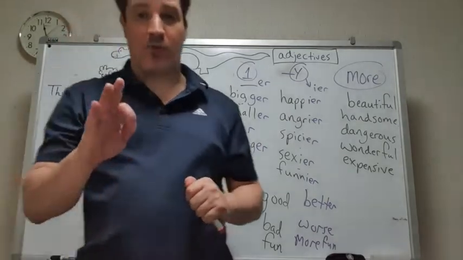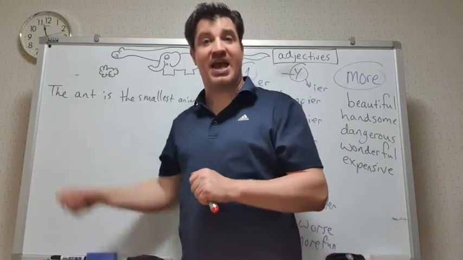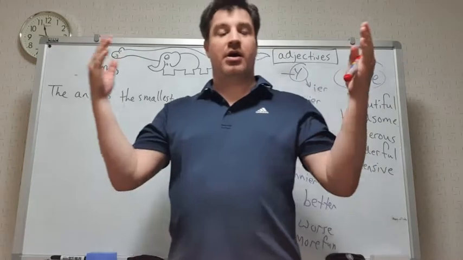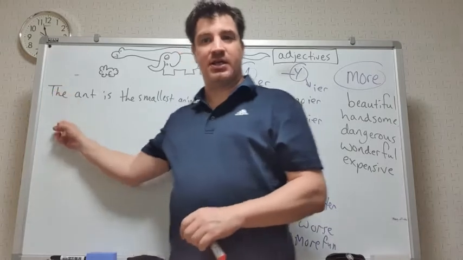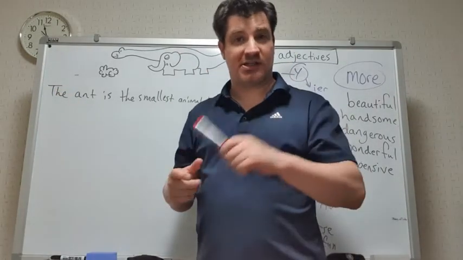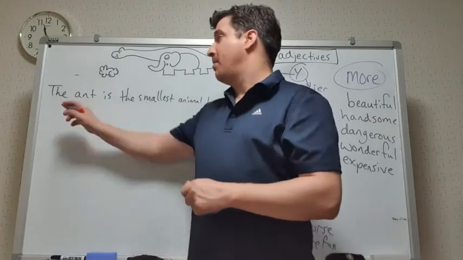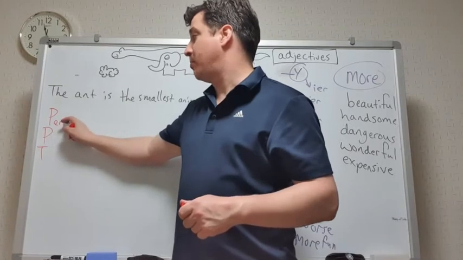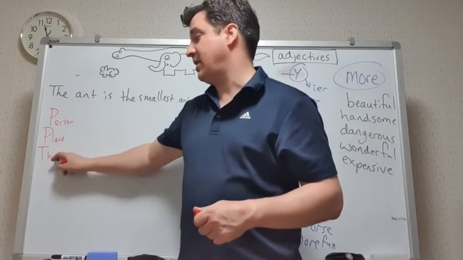Again, number one, you need to compare or talk about a noun. You cannot compare a verb or an adjective, anything else. Only nouns. And as you remember, because you're all super smart, wonderful students, a noun is PPT: a person, a place, or a thing.